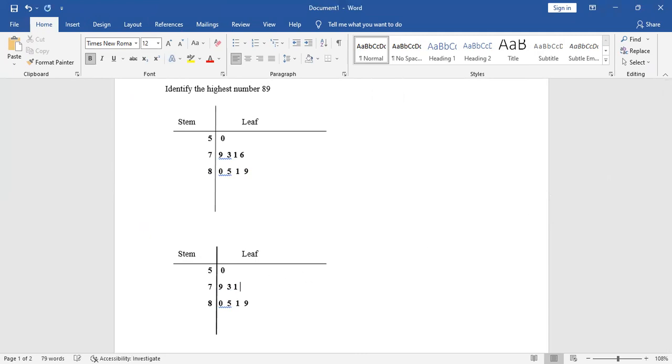Then on the 70s, I'll start with the lowest number, which was 1, followed by 3, then 6, and then 9. I'm getting them from here. Then on the 80s, the lowest number was 0, then 1, then 5, and then 9.